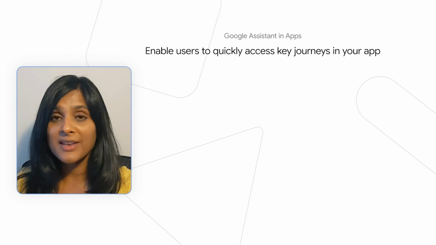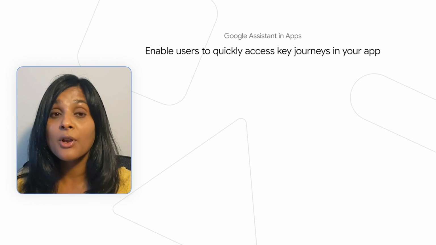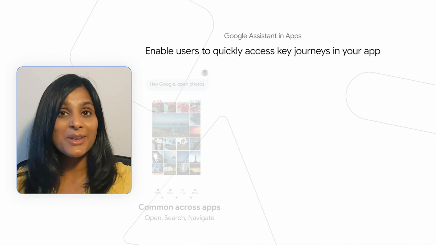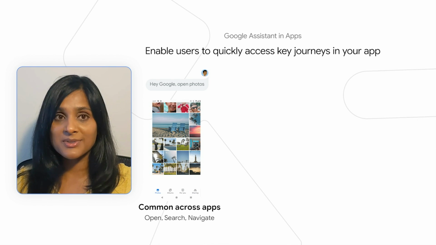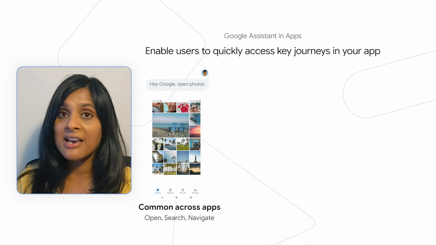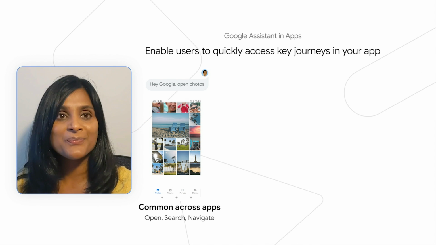Let me share some key use cases. First, and the most common one, is open your app or open parts of your app and even search within your app. A lot of users use this. For example, like me, if you love to look at your photos, you can simply say open photos. This comes in especially handy if you are on the go.